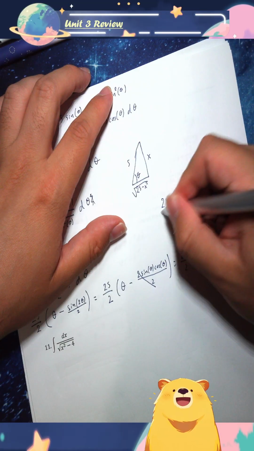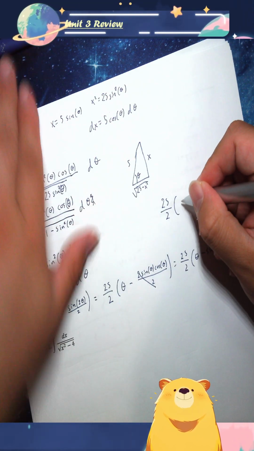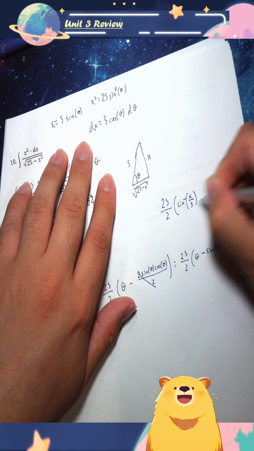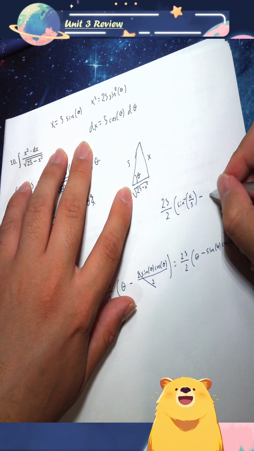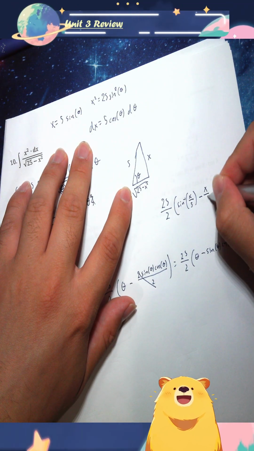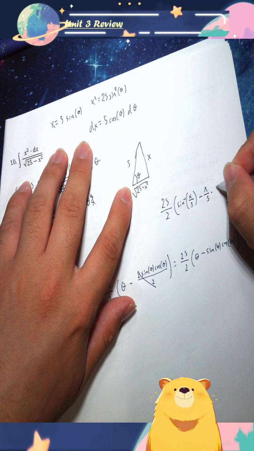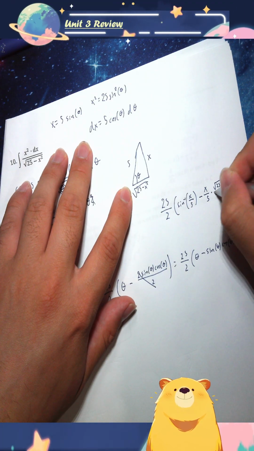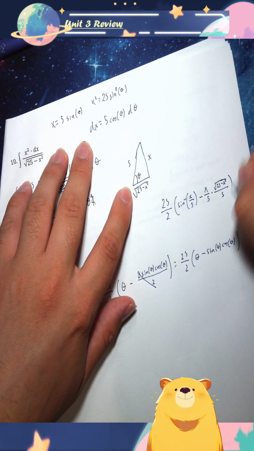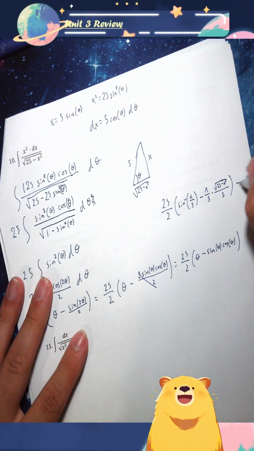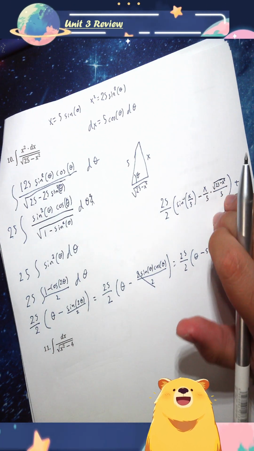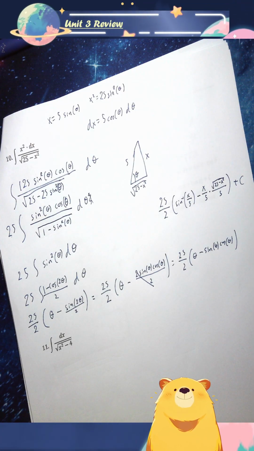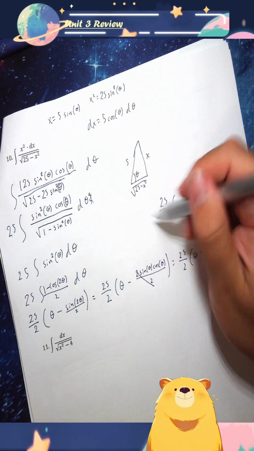So it's 25 over 2 times sine inverse of x over 5 minus x over 5 times the square root of 25 minus x squared over 5. And then plus c. You can distribute if you want, but really, if you just wrote the answer like that, I would give you full credit. I don't see why not.